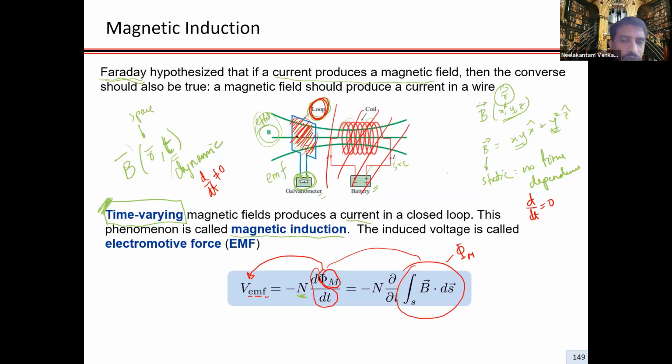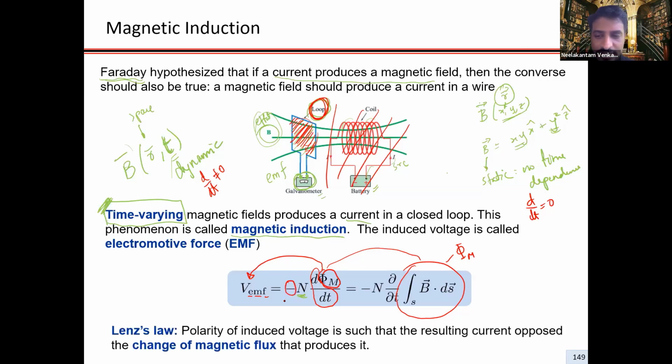The important thing for you to know is that there is a negative here, and that's the consequence of Lenz's law. Lenz's law tells you that this electromotive force has to be negative. Why is it negative? We will see that in a moment, but the idea is this. There is a certain magnetic field that creates a current.